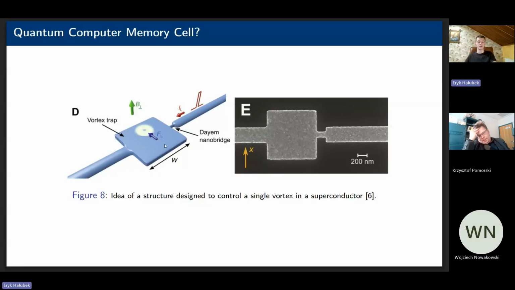This can be thought of as a state to which we assign one, and when we send the current pulse through the structure, we expel the vortex, and where there's no vortex, we can assign zero to this state. So that can be thought of as some kind of memory cell.